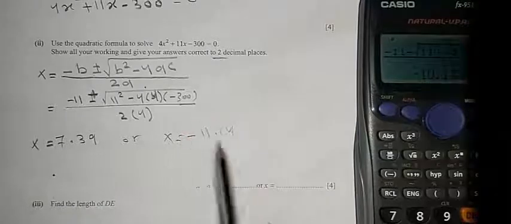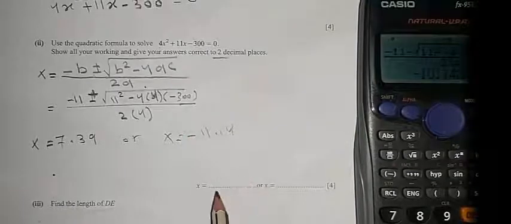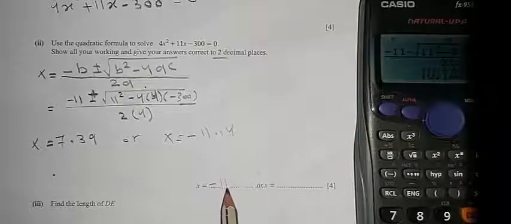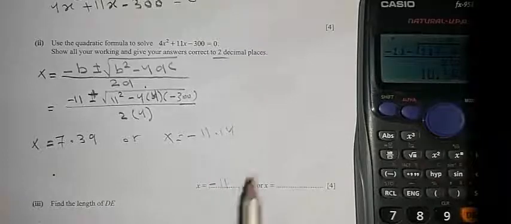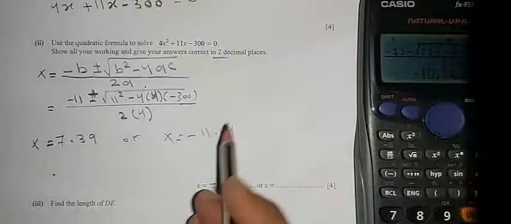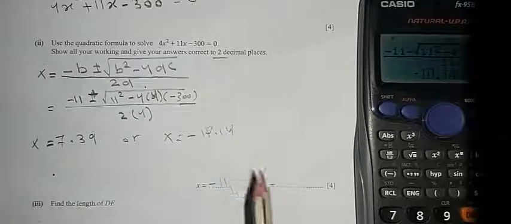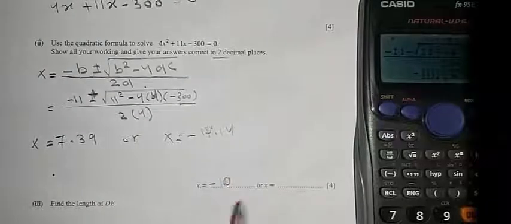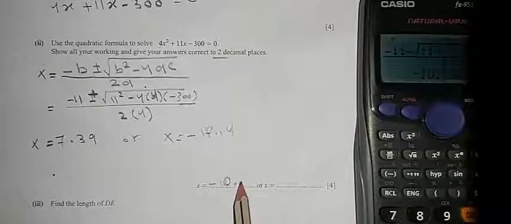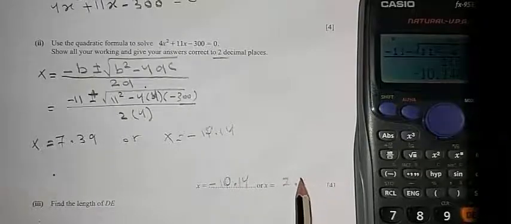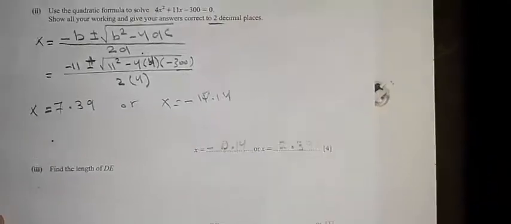It's better to write the negative value first, so negative 10.14 and 7.39.